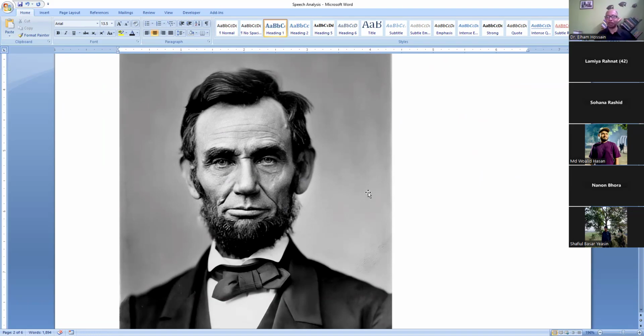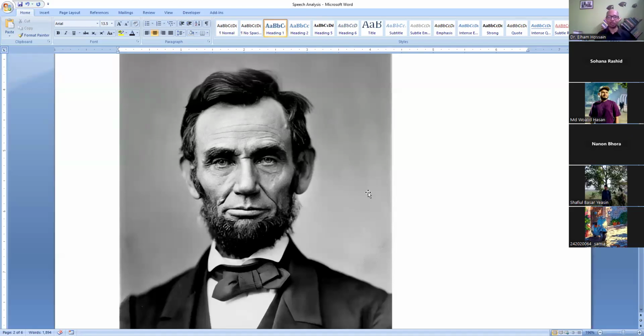United States of America, who fought against slavery in America. He wanted to establish an America which would be congenial to everybody. That is, for the black people, for the white people, for everybody. So he was really a very great man.